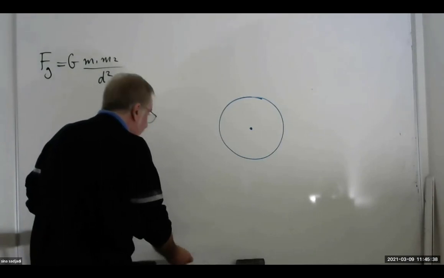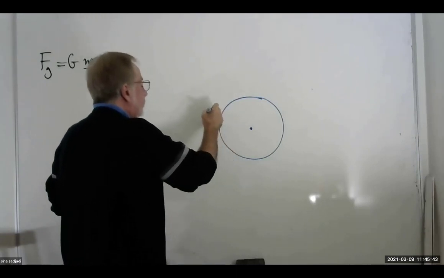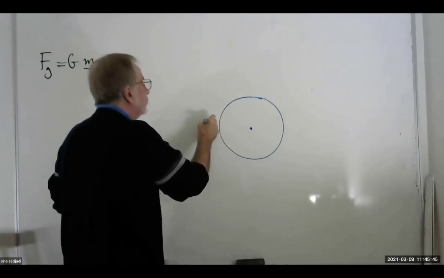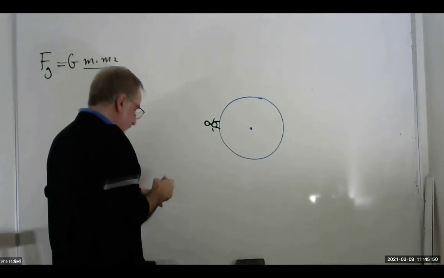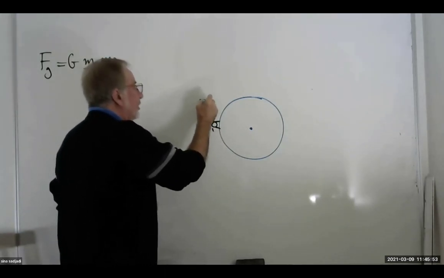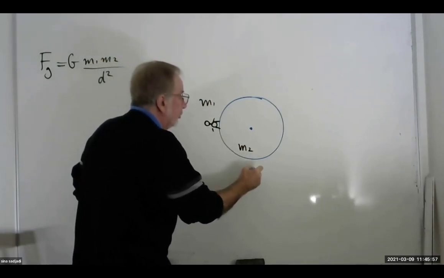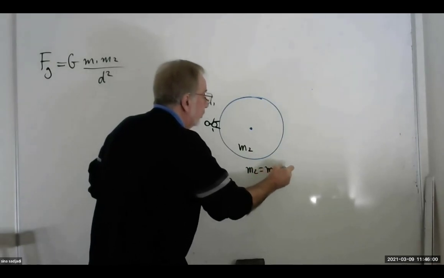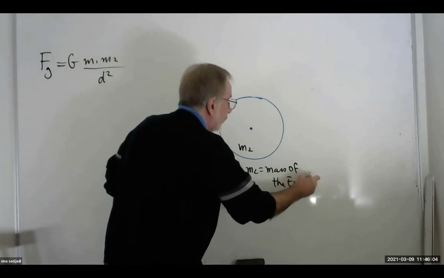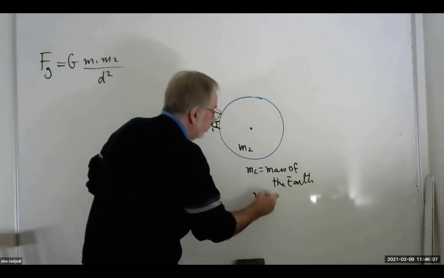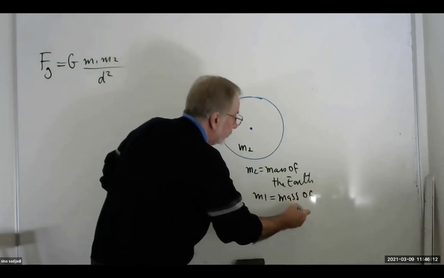All right, now I'm going to have a person on the surface of the Earth here. Let's put this person right maybe here. There is a person, and we say the mass of this guy is M1. Mass of the Earth is M2. M1 is equal to the mass of the person.